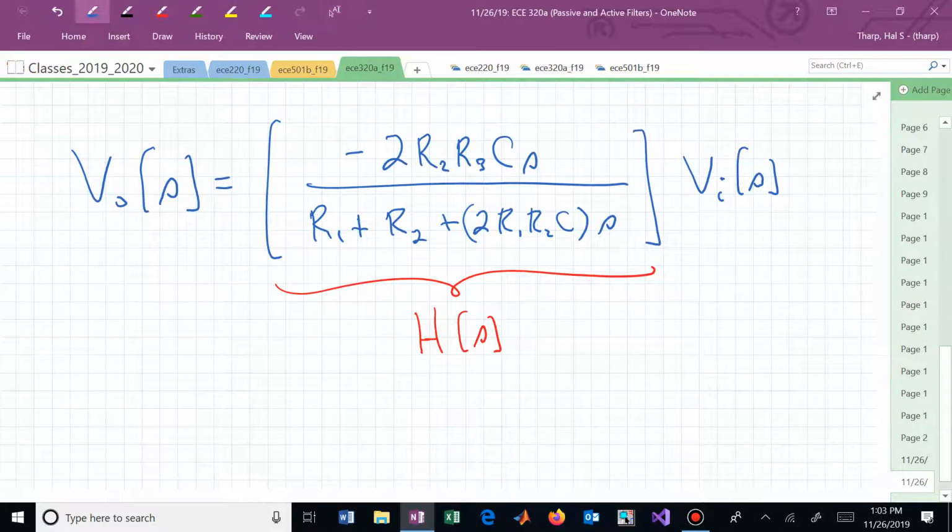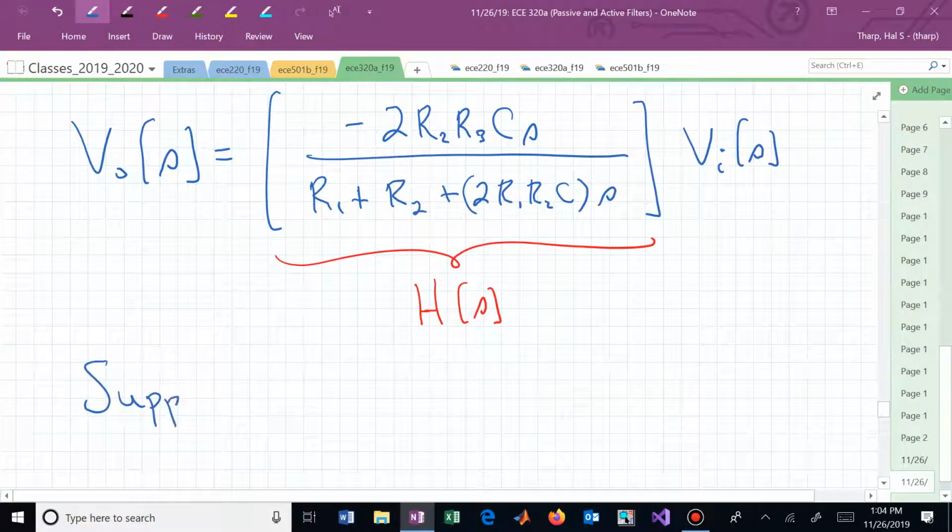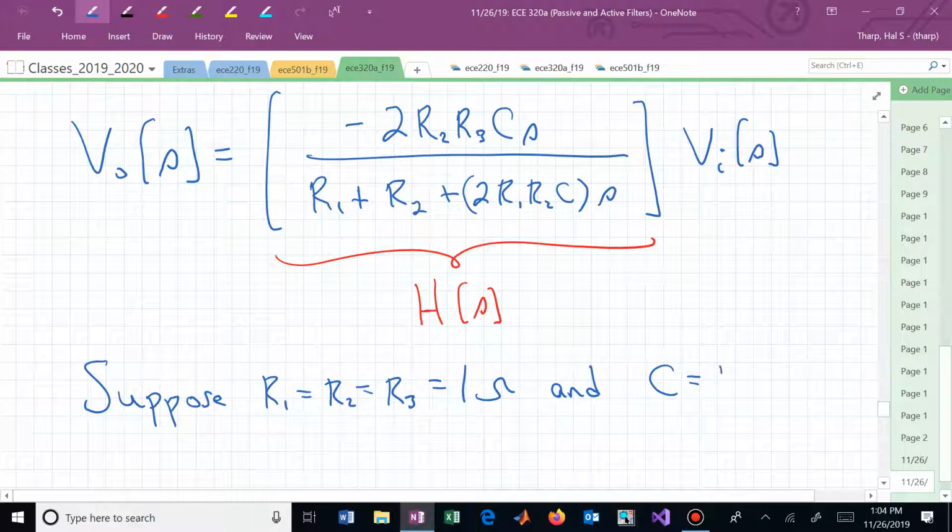And for convenient values, let's just let everything be 1. Suppose R1 equals R2 equals R sub 3 is equal to 1 ohm. And let's just go ahead and let C be 1 farad.